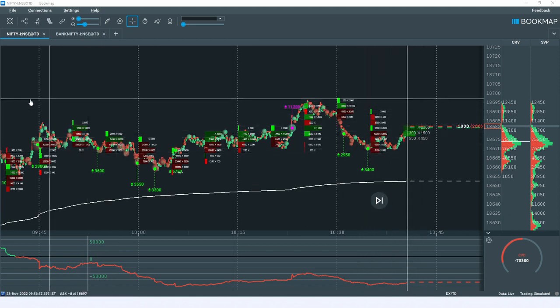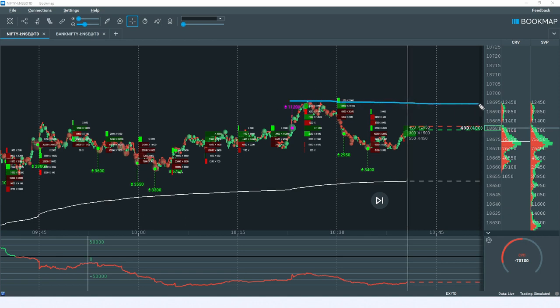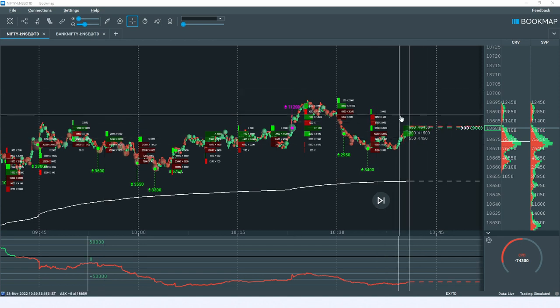Break of today's high can bring additional momentum. And compared to Bank Nifty, the conviction of longs is pretty high in Nifty for today's market.